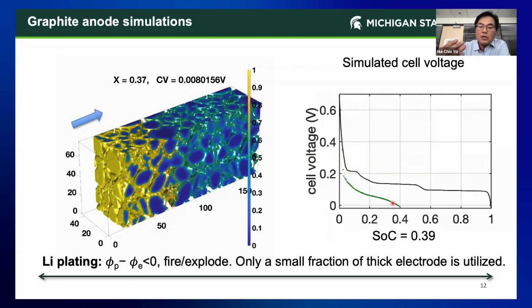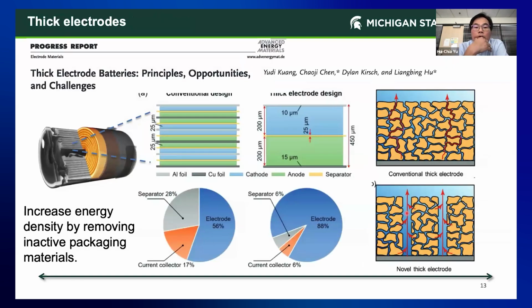The negative value is an indication that thermodynamically plating is favored over insertion. Right, and for this electrode, you can probably only utilize 40% of the whole material, right? 60% you didn't use.